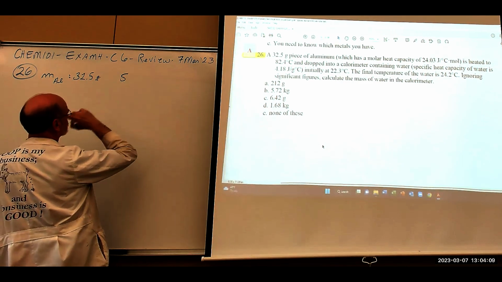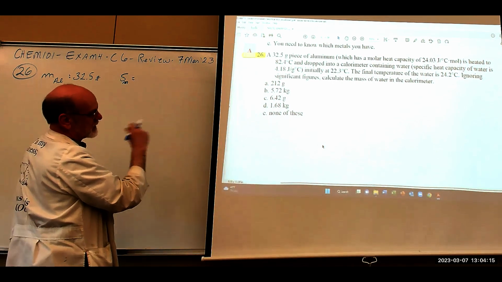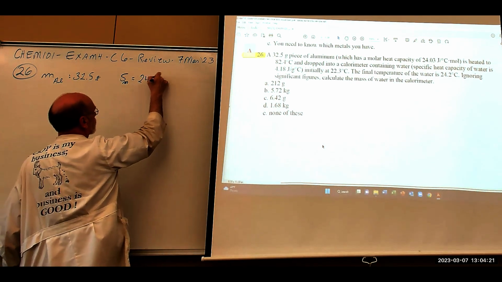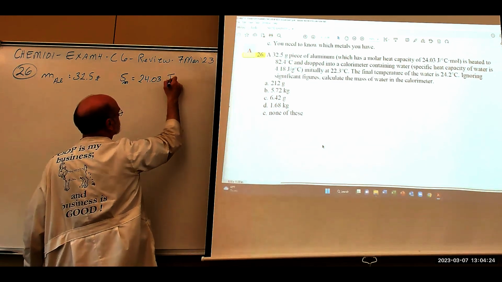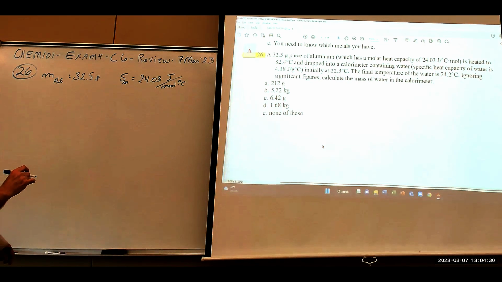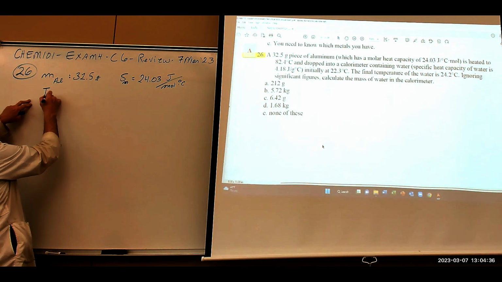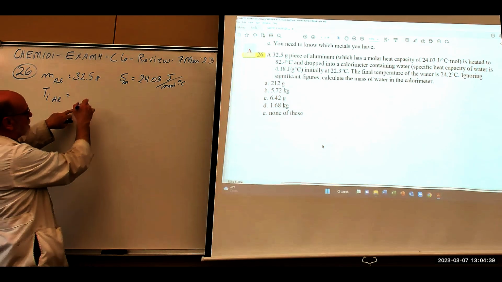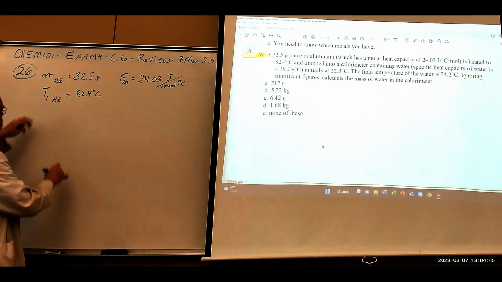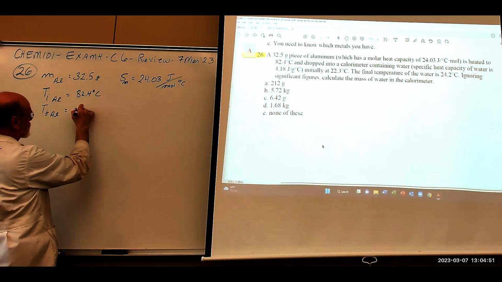Need another symbol for molar heat capacity, something like that, to be different from the heat capacity due to mass, 24.03 joules per mole degrees C. It's heated, so the initial temperature of the aluminum is 82.4 degrees C. What's the final temperature of the aluminum? 22.3. 22.